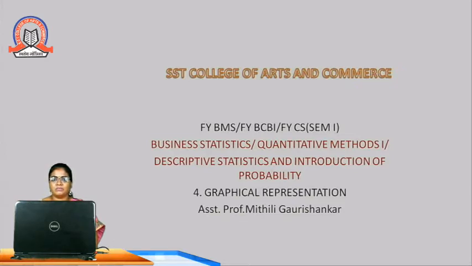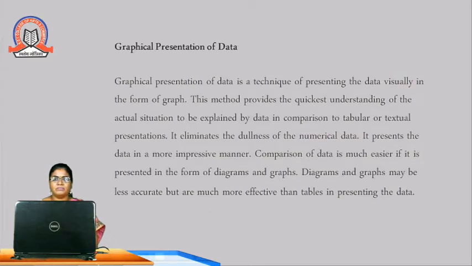Now we are going to see how the frequency distribution table is converted into graphical representation and what the benefits of graphical representation are. Why we prefer to present data graphically: it is the technique of presenting the data visually, which is easier to understand than tabular or textual presentation.